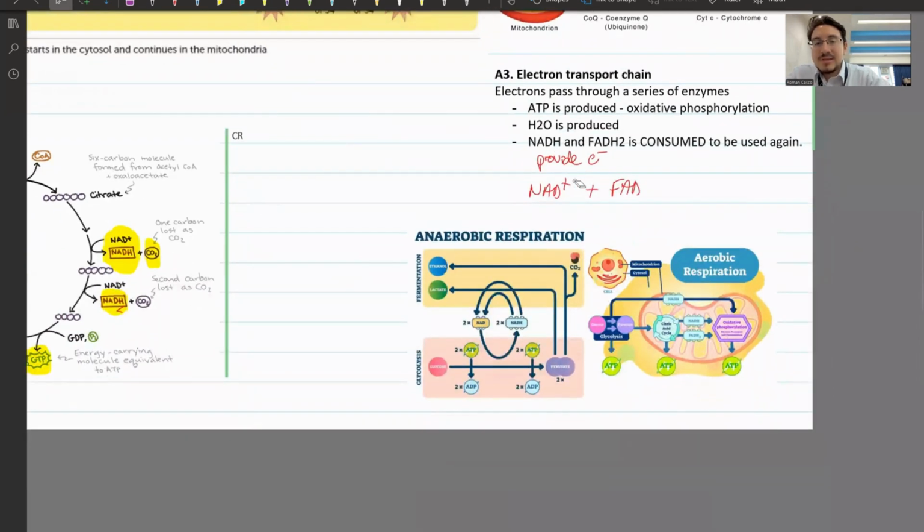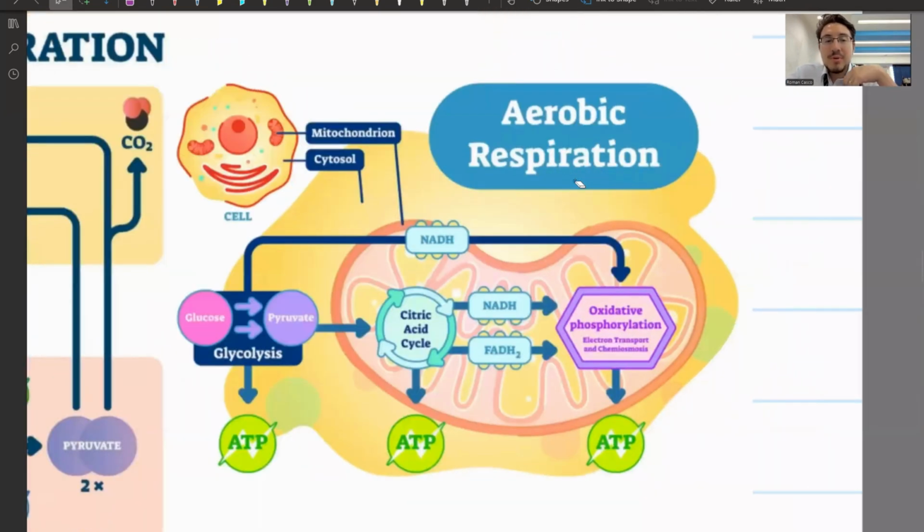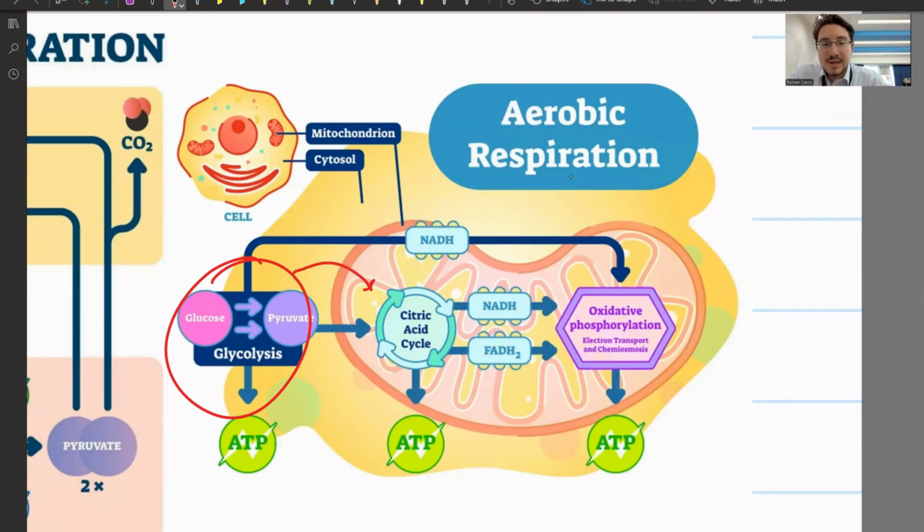Okay. So in a nutshell, this is what aerobic respiration is about. Glycolysis. From glycolysis, you produce pyruvate. Pyruvate, you undergo an intermediate change called acetyl-CoA that enters the citric acid cycle where you're producing a lot of electron carriers, which will ultimately go to the electron transport chain, otherwise known as oxidative phosphorylation.